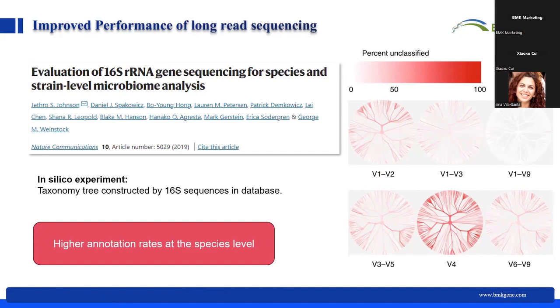But when we start focusing on just this smaller region of the 16S gene, then the percent of unclassified reads really goes up, especially if we are looking at the species level. So basically, with long read sequencing, we can get higher annotation rates at the species level. And we have analyzed this in-house, and this can be a difference of 10 times more annotation, depending on the samples.